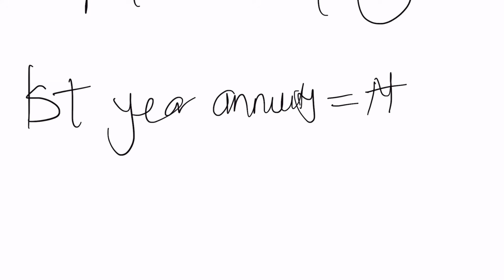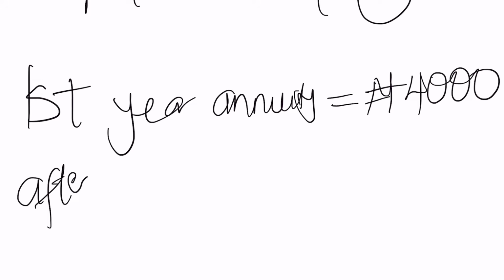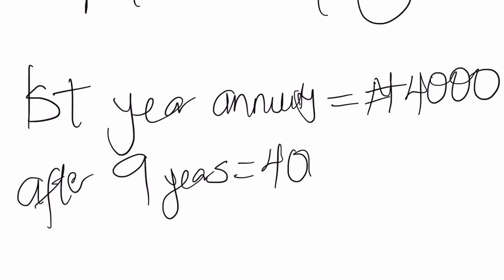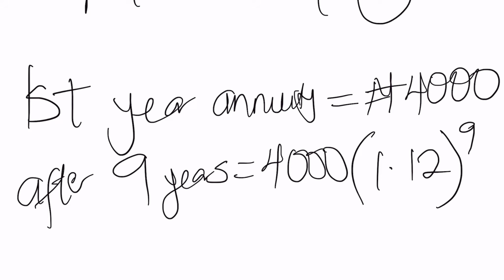Now, the first year annuity is 4,000 naira. The amount after 9 years will now be 4,000 into bracket 1.12 raised to power 9.